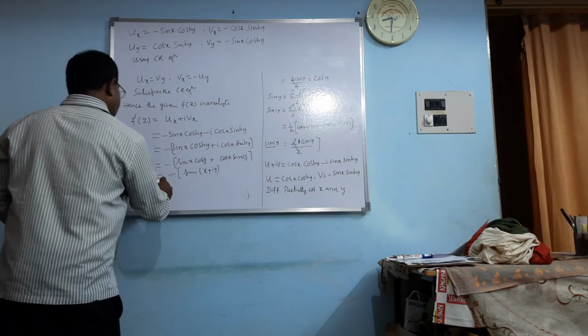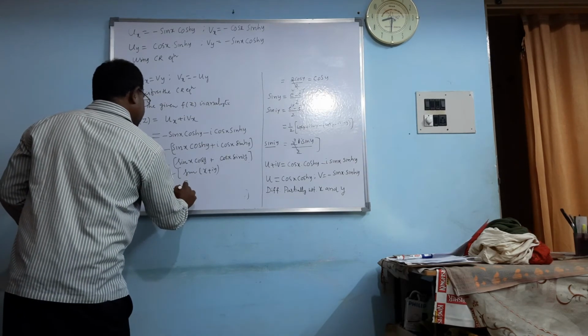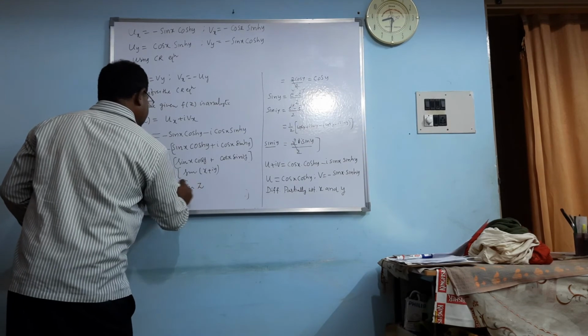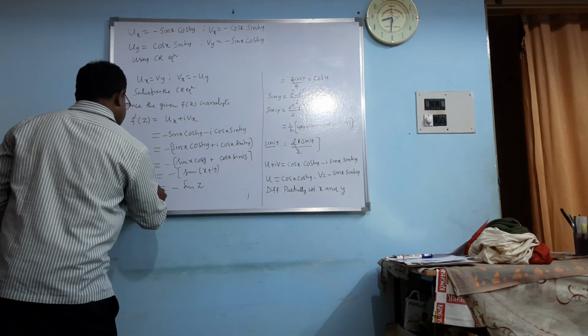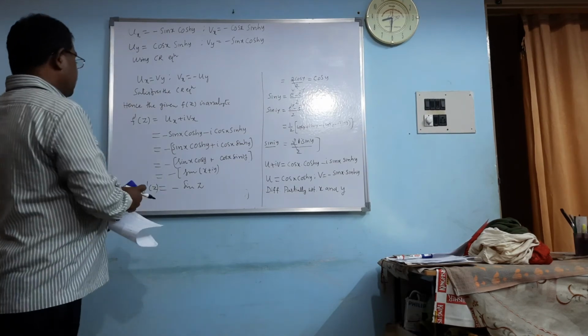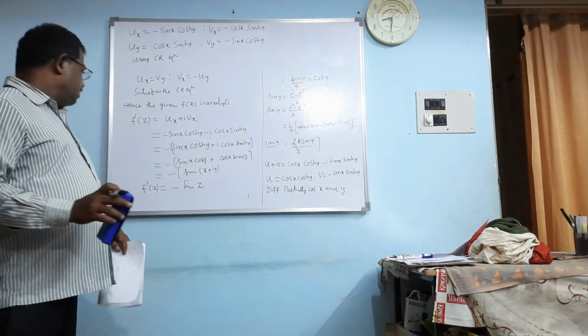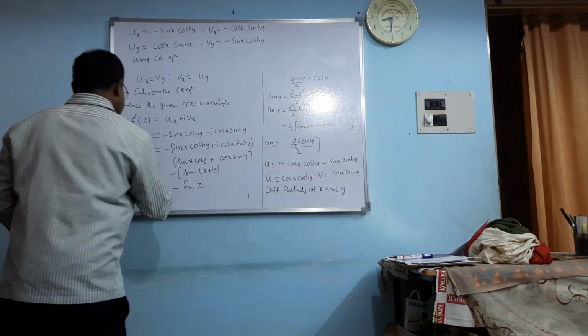Therefore, minus sin z, right? Here the derivative of cos z is minus sin z. This is the solution for this problem.